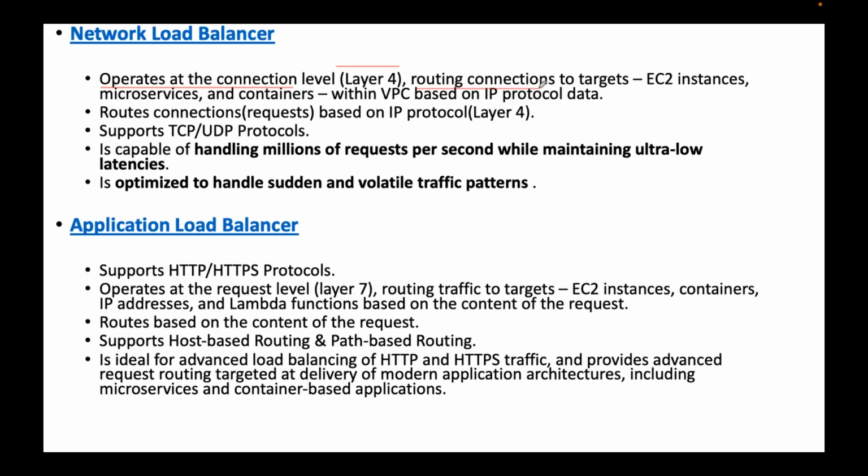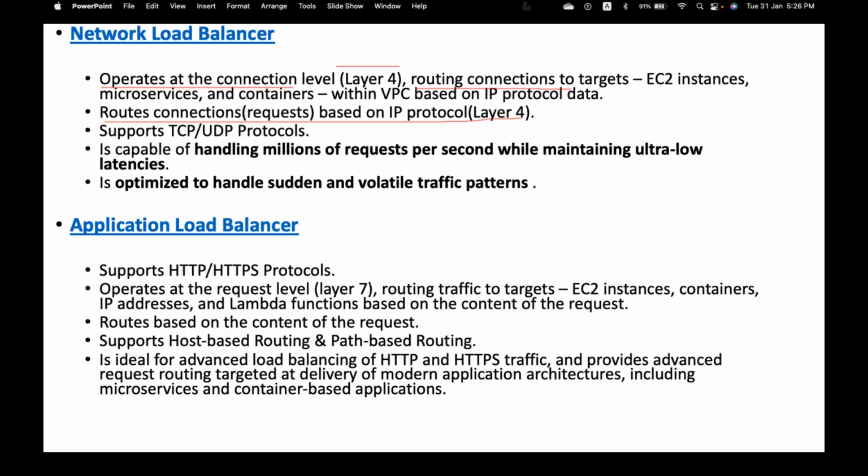Whatever request comes to the NLB, it will route the request to some targets, some EC2 instances. It will route the connections based on the IP protocol at layer 4, just forwarding the request to some set of IPs on some port. But it cannot intercept the request.